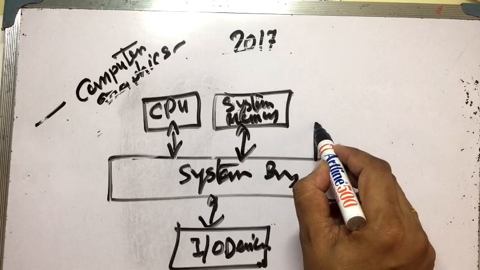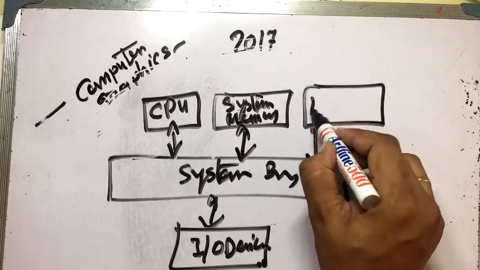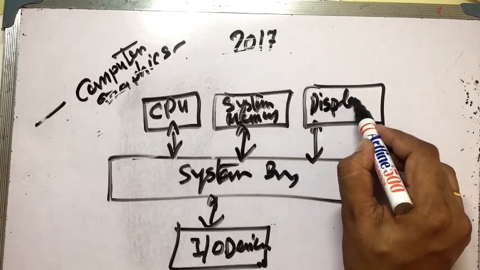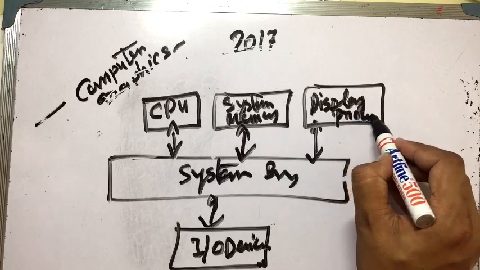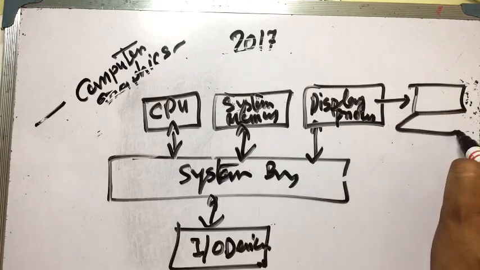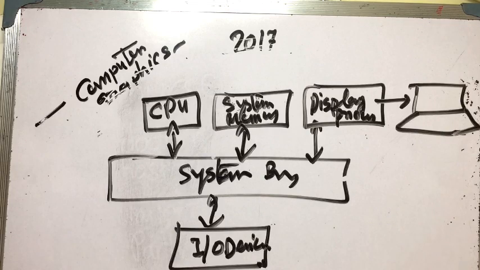Then there is the display processor. Display processor is a hardware or interpreter that is used to display the picture on the screen. So this is the function of display processor.